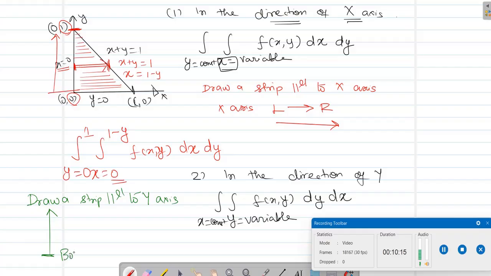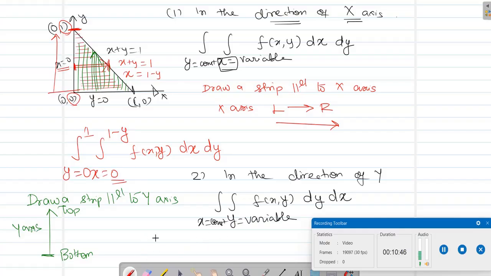So from the bottom to the top is the direction of the y-axis. Now draw a strip parallel to your y-axis from the bottom to the top. Now this is our line. So what happens in this case? It gets filled up with lines of this format from the left to the right to fill the total region R.